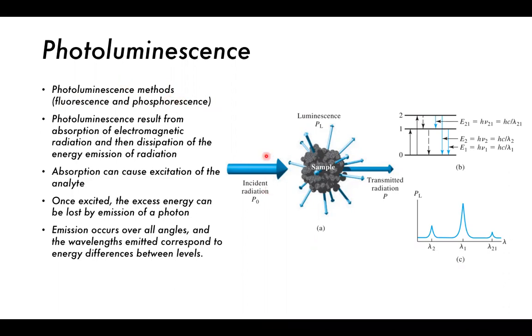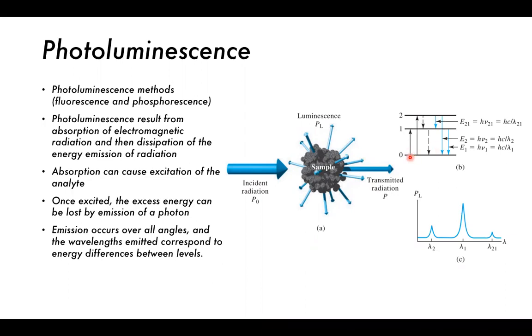So we have incident radiation here with a power P0, and that is incident on the sample. The sample then absorbs this light, and we could measure the absorbance if we wanted and look at the transmitted radiation here. And then the other side of the coin is that we measure the photoluminescence or the fluorescence that comes from the sample.